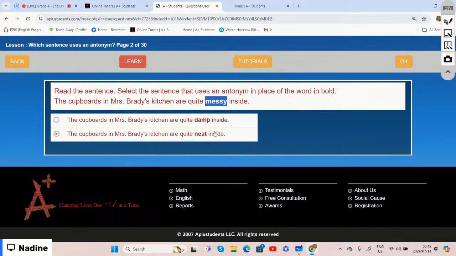Because if something is not messy, it is neat. If something is not neat, it is messy. So well done.